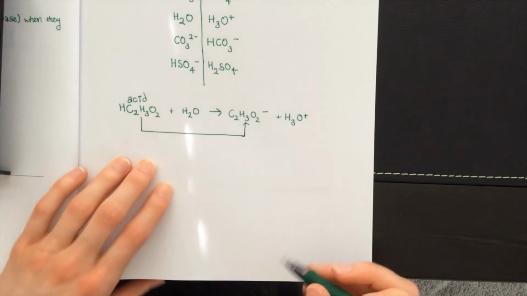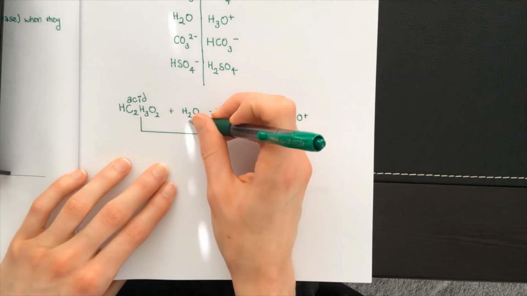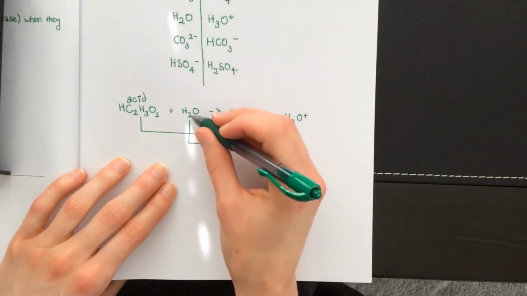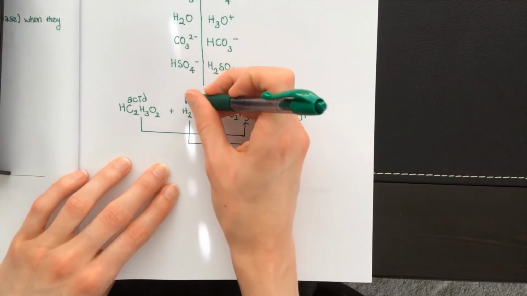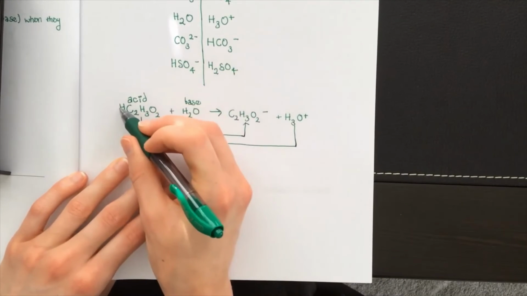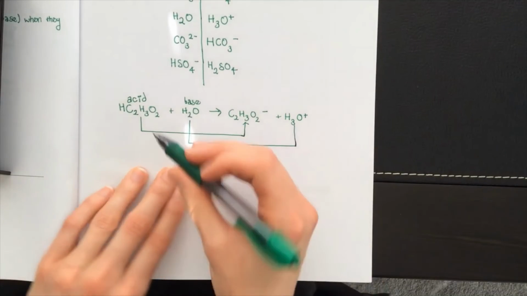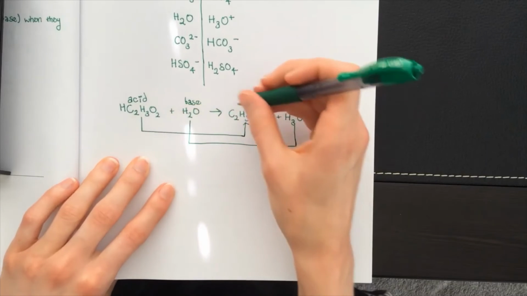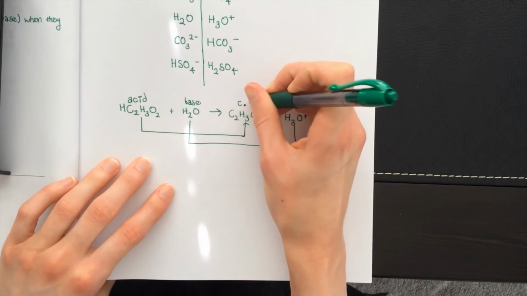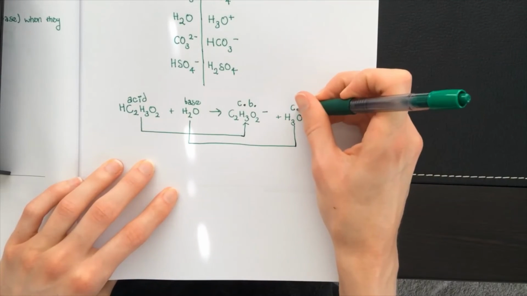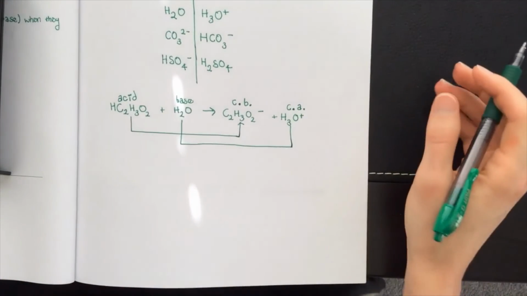So that's the acid. Then if we look at H2O, it's gaining an H to become H3O+. Whichever one loses the H is the acid. Whichever one gains the H is the base. Remember, the acid turns into the conjugate base, so I'm going to label this one CB, the conjugate base. The base turns into the conjugate acid, so I'm going to label that CA.